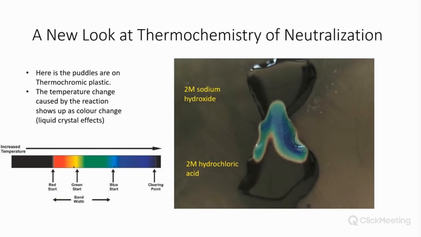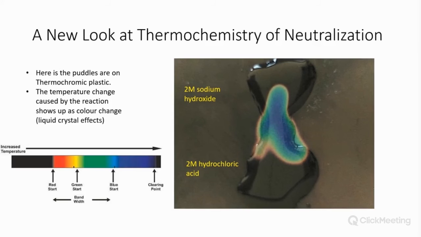This is the formation. This is doing the reaction on a thermochromic plastic, and you can see here on the left we start with a temperature at the cold end, and as the temperature rises, it goes red to yellow to green to blue to dark blue, and at the bottom is 2 molar hydrochloric acid.